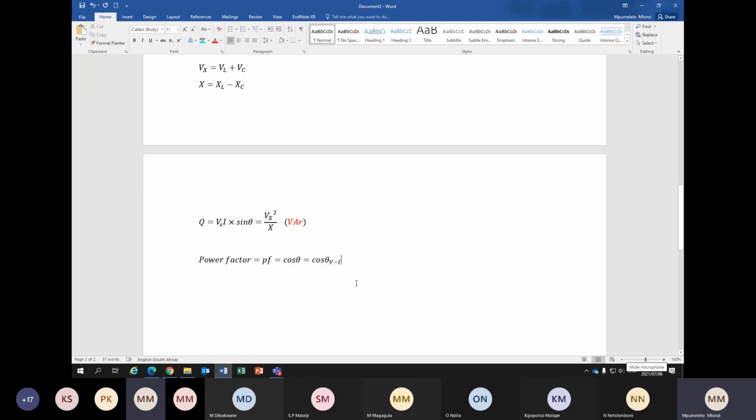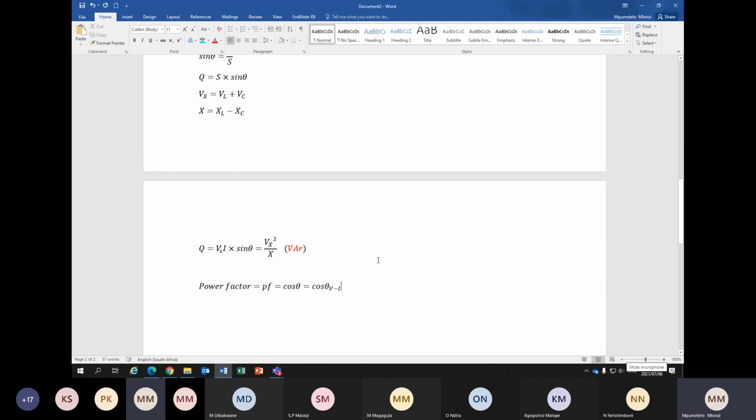Why do we need to calculate this power factor? Power factor is just a representation of how a system converts the input power to the output power, meaning the consumed power to that of the total power.